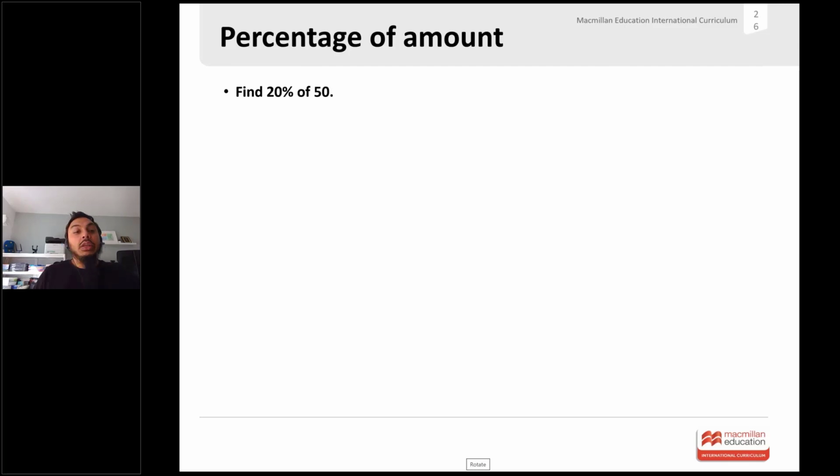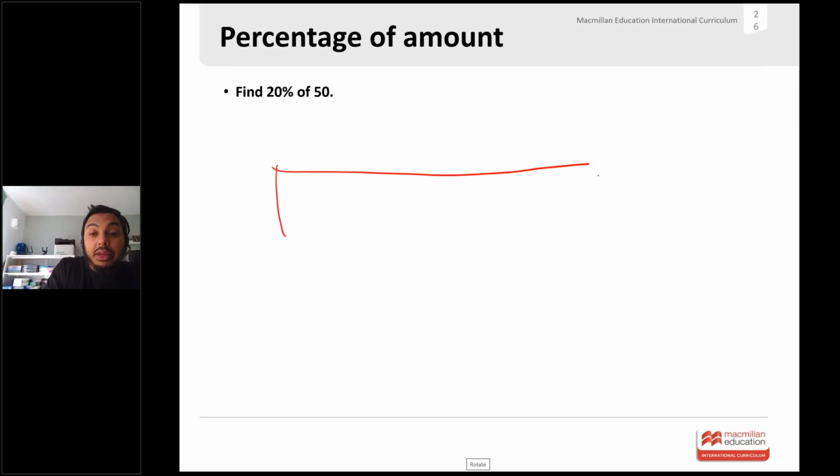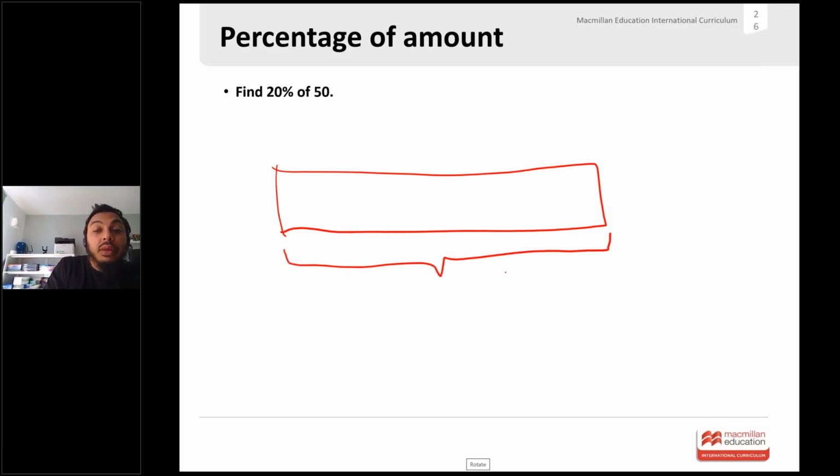For questions like this, where you're finding a percentage of an amount, or even a fraction of an amount, it's really easy to use something called bar modeling. I want to show you how easy it can be. If this is a bar that represents 50, then this is 50, and it's also 100%.